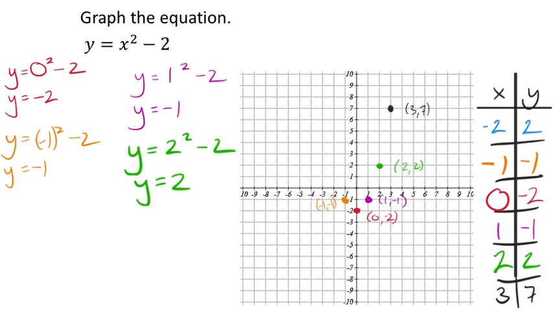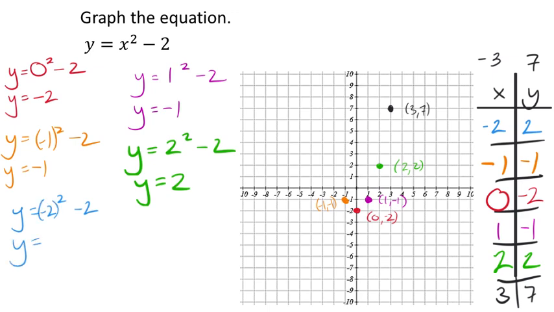So even up here, again, I'm not going to show the work for this one, but if I chose negative 3, I should automatically get a 7 on this one. Symmetric, okay? But let's show the work for that negative 2. So the y should equal x squared minus 2. But we'll replace the x with negative 2.